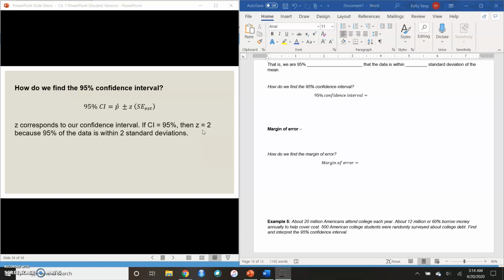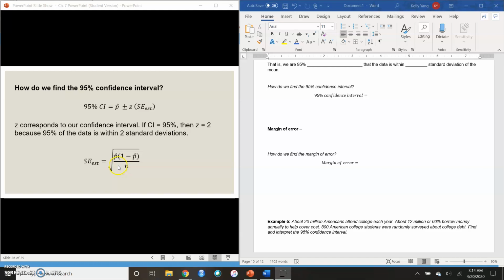I do want to mention that in your MyStatLab homework, they don't use 2, they use 1.96, which is actually the actual z-score associated with 95%. And so in the examples that I do, I use 2, but in your homework, if you prefer to use 1.96, go ahead and do that. It's going to be good practice for your MyStatLab assignment.